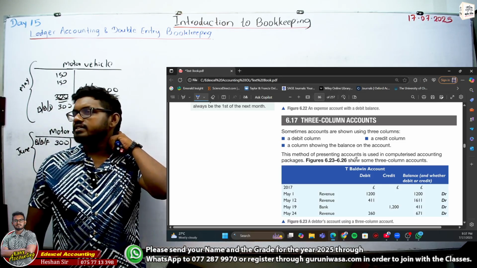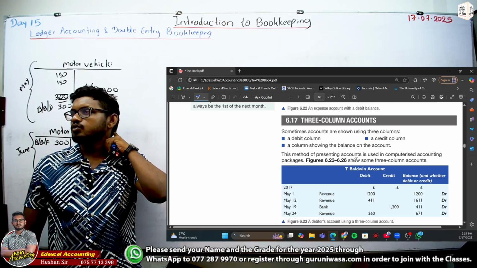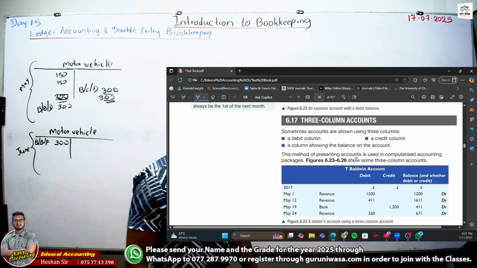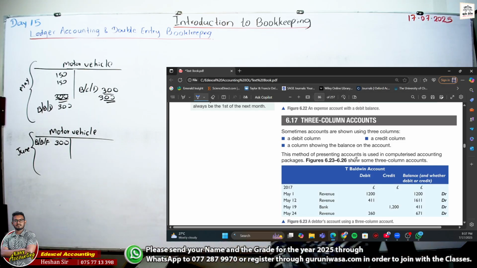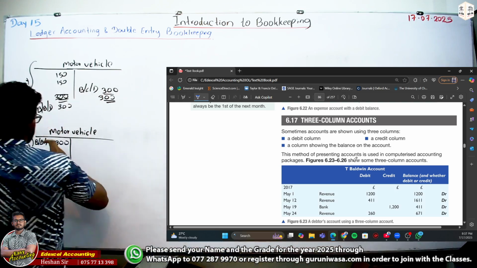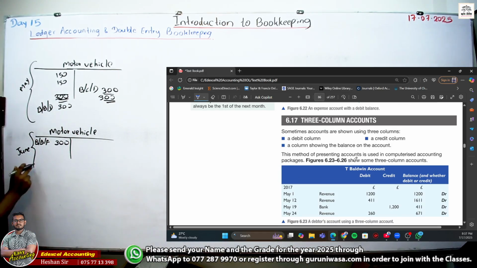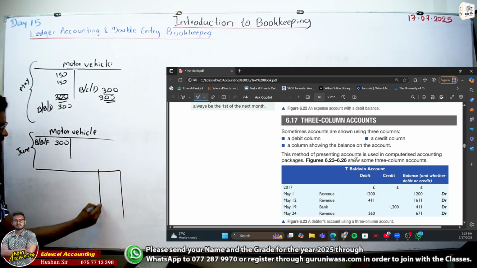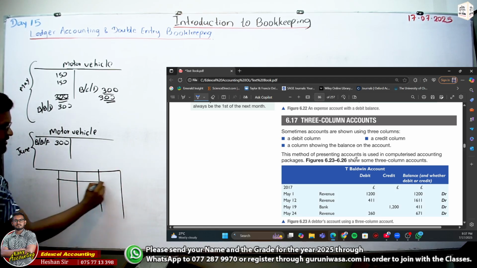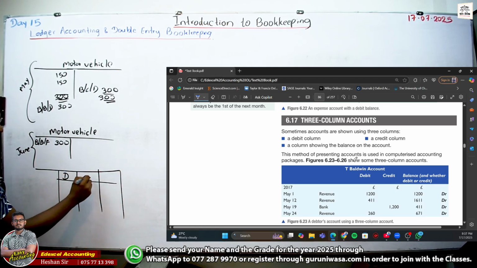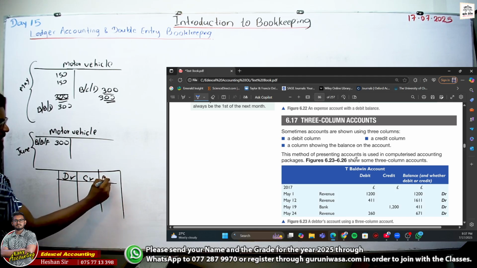This method of presenting accounts is used in computerized accounting packages. Mostly in the computerized accounting package, there is no separate balancing. Now this is the ledger account format. Three column format means at the end of each and every transaction, we have debit, credit, and the balance, and we are balancing.